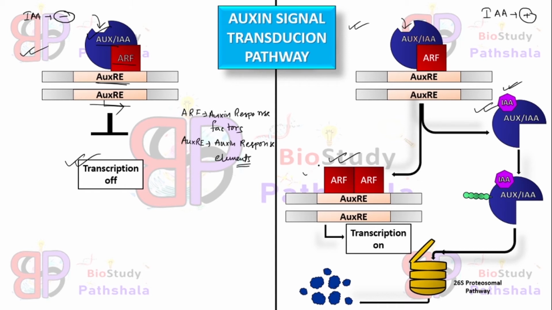The formation of the ARF homodimer leads to transcription on. That is why the transcription procedure proceeds here. And this particular complex, that is the IAA-Aux/IAA complex, goes for 26S proteasomal degradation by the machinery of the 26S proteasome and is degraded. Okay. So that is how the auxin signal transduction pathway occurs.